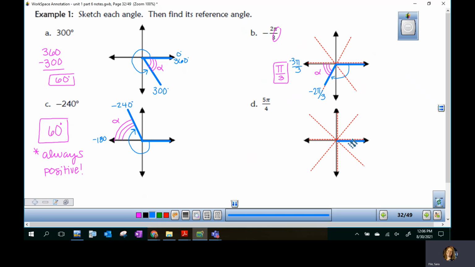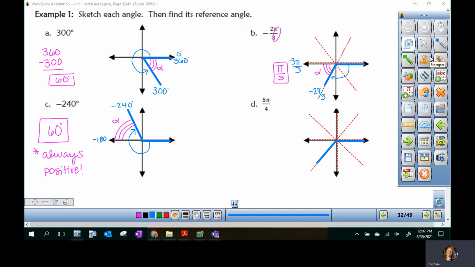All right, so we've got an initial side here, and we want to rotate in the positive direction 5 pi fourths. So I'm going to go 1, 2, 3, 4, 5. So it's going to put me here in quadrant 3.